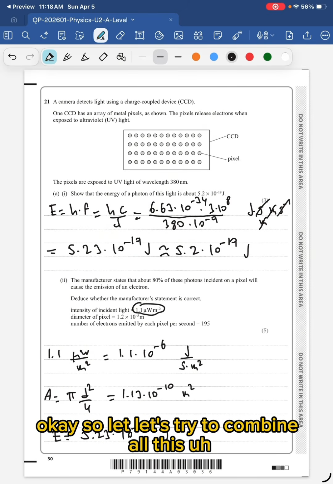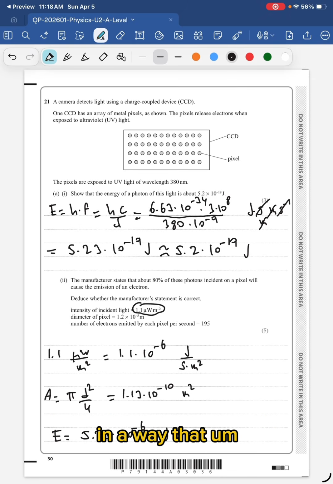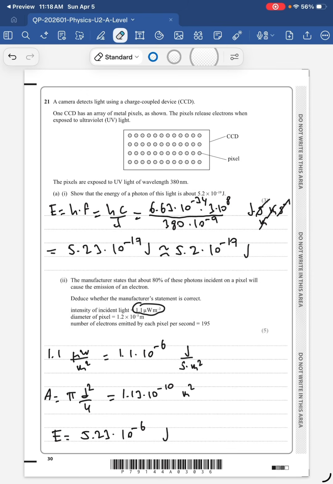Okay, so let's try to combine all these in a way that works.